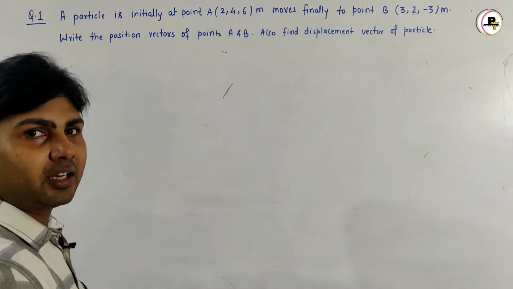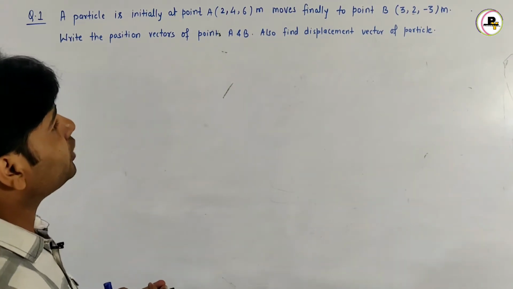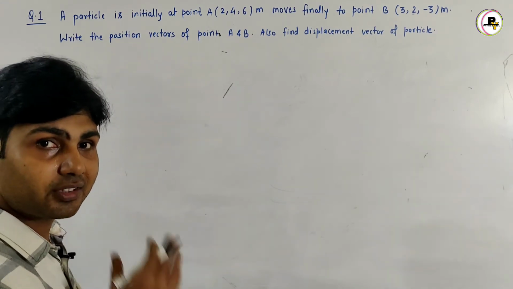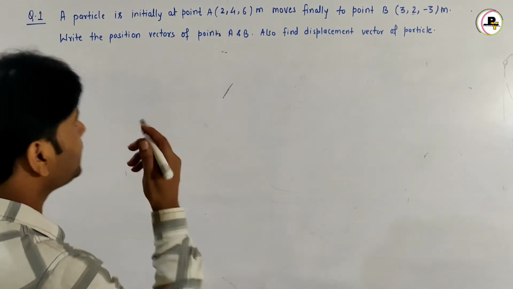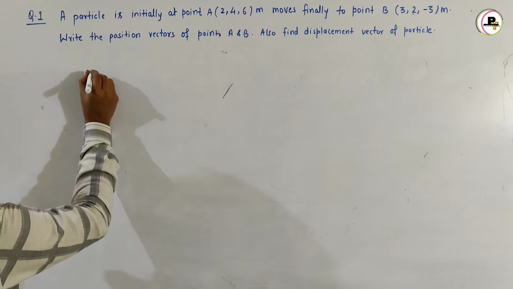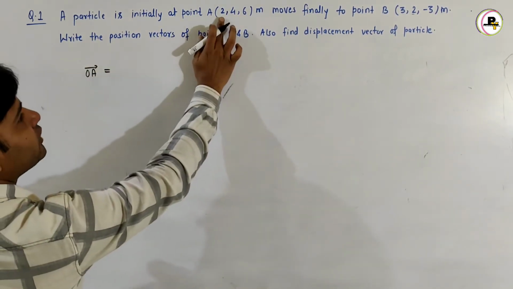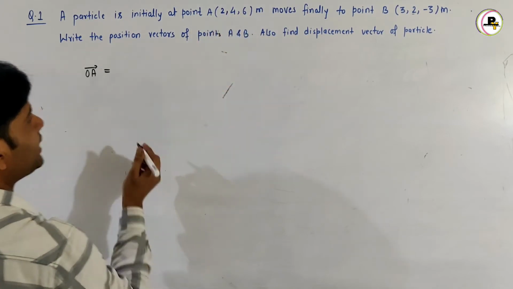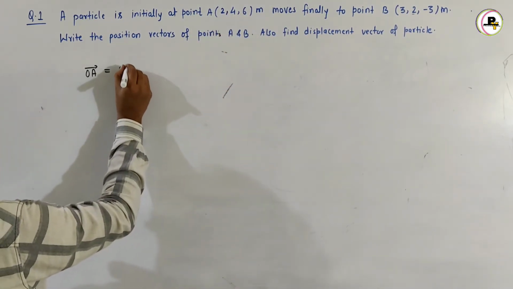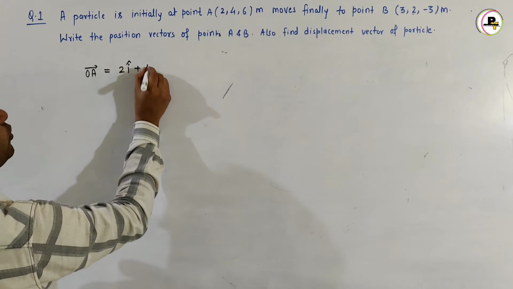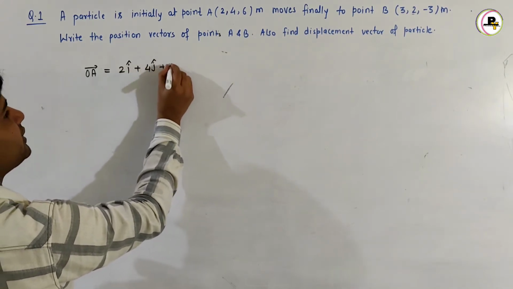So we have been given the two points A and B in terms of their coordinates. First of all, I will express these two coordinates in terms of their position vectors with respect to the origin of the coordinate system. So what will be the position vector of point A? It will be OA vector, and this is given by what? This is the x component, this is the y component, and this is the z component. So I can write here 2i cap plus 4j cap plus 6k cap.